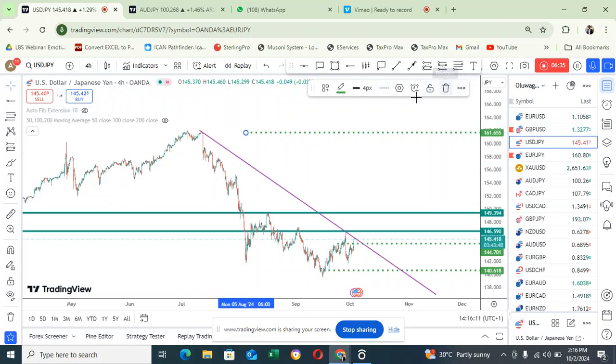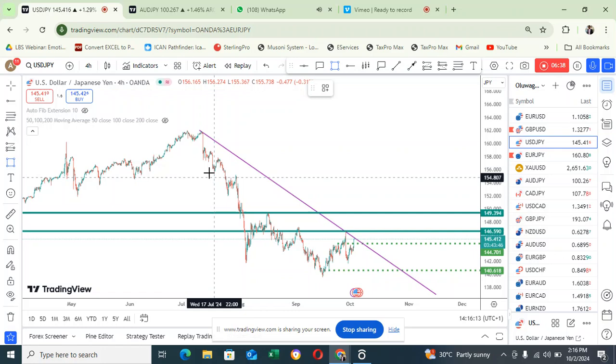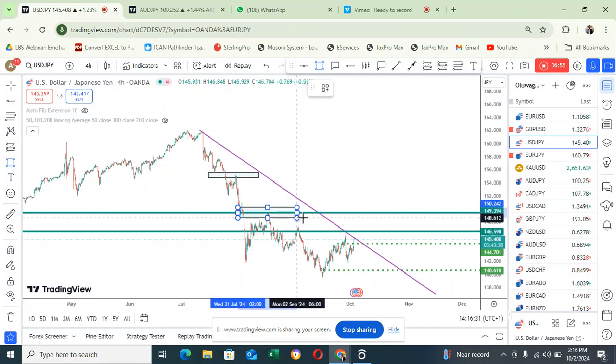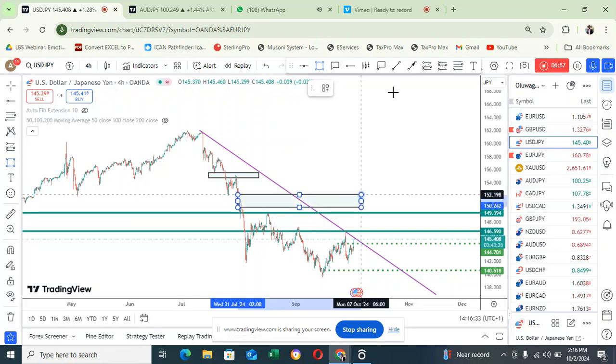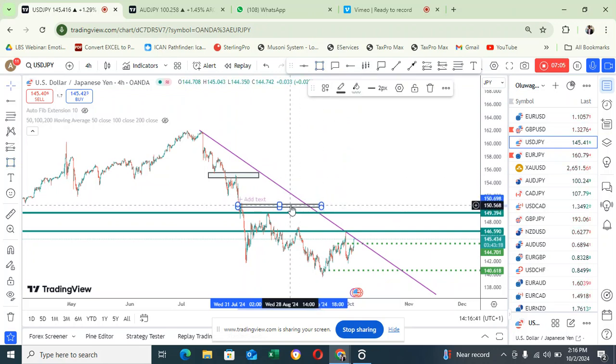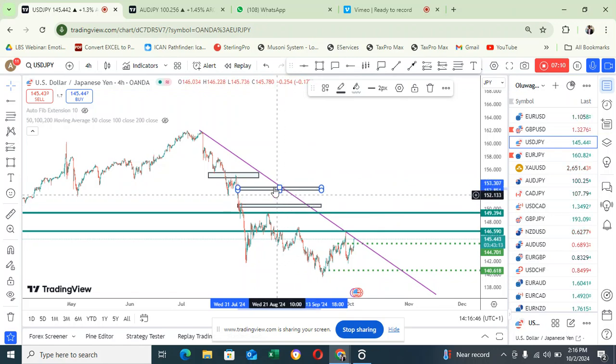So this is a lower high, then another lower high here, this lower high too. There is another lower high here, and another lower high.